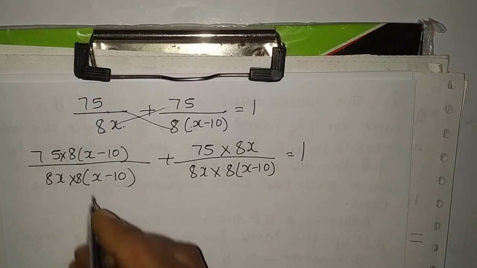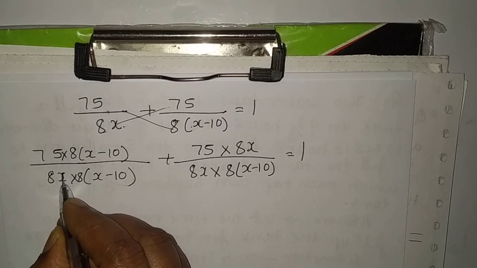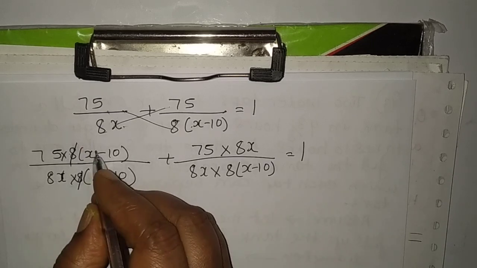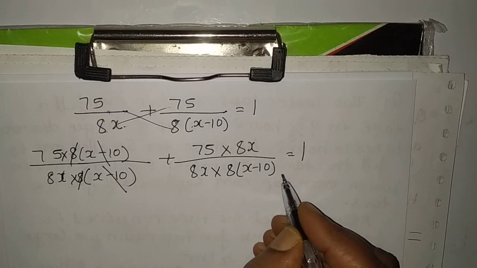Now whatever cancels, just simplify. 8 cancels here, and this one cancels.